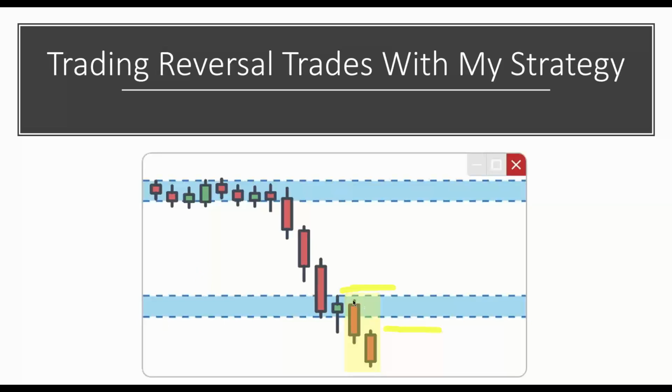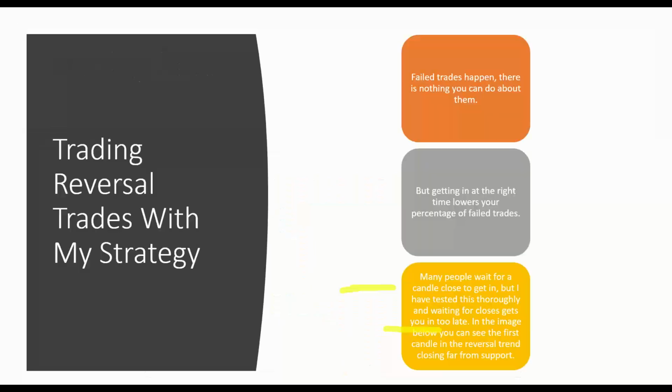Okay. And even if it popped up there to where it was executed, then bounced down, you would have set your stop loss right beneath your support zone, and you would have popped out with a few dollar loss, but you would have popped out. So failed trades happen. There's nothing you can do about them. But getting in at the right time lowers your percentage of failed trades.